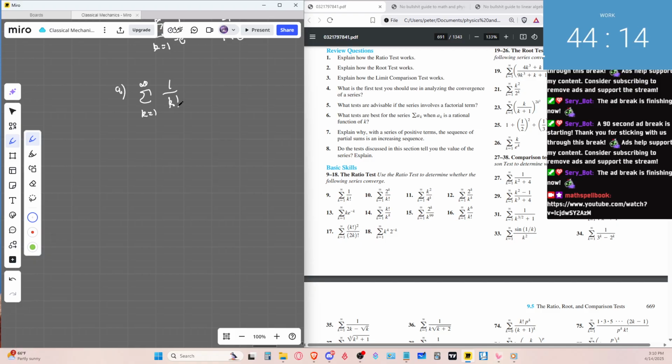Okay, so if it's the ratio test, then I think the top one is the one that has the highest growth. Okay, to infinity.